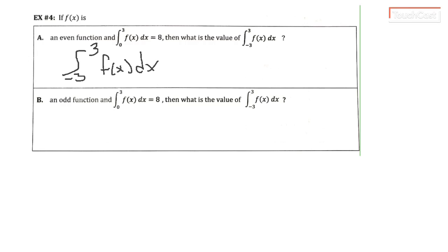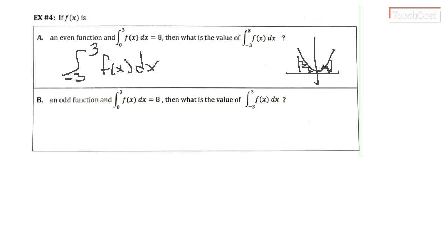Now, as a reminder, even means it goes from increasing to decreasing. At a minimum, a picture might look like a parabola. So which means we have an area and then another area.